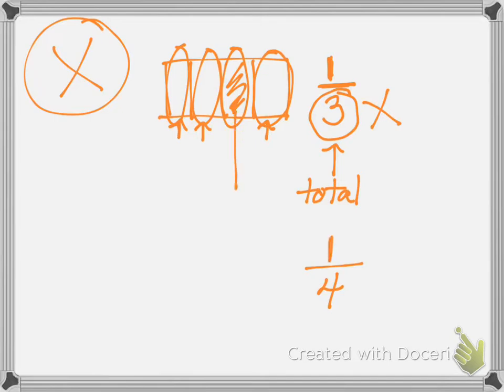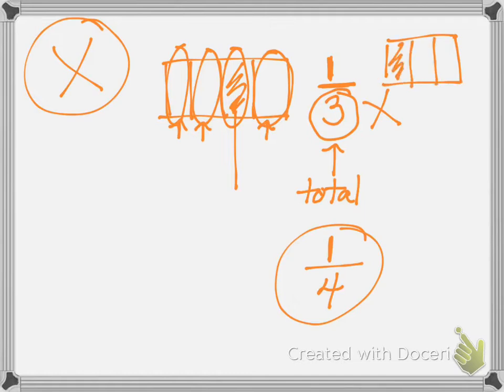And that's the number that should go on the top. This tells you that you have 1 out of 4 possible sections that is colored. If I was to draw 1/3, it would look like this. 1 out of 3 possible sections.